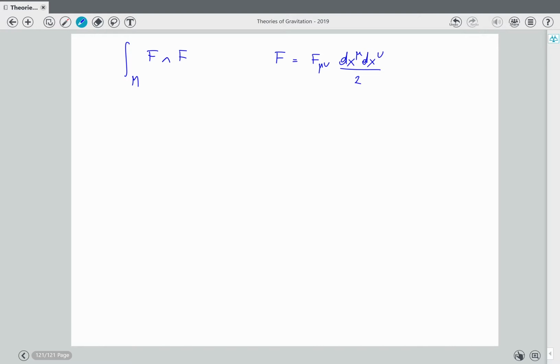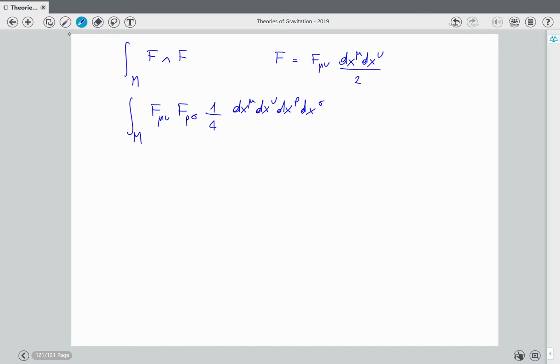Then when you make this explicit in coordinates, what you have is F mu nu F rho sigma, 1 over 4, dx mu dx nu dx rho dx sigma.